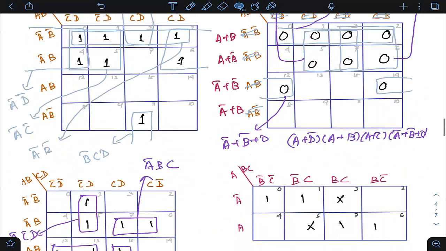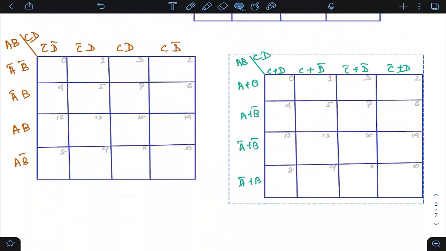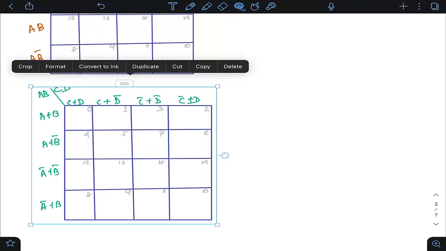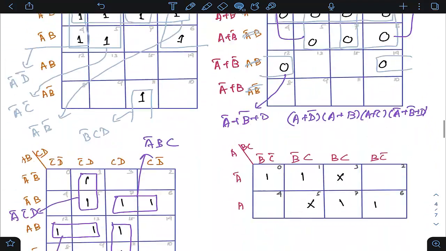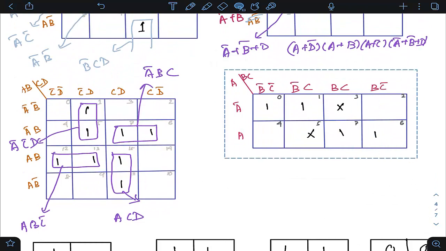So this is for min term. I have taken two questions and this I'll be using for max term. And with respect to don't care, a couple of more questions I'd like to solve. I'll take this one.